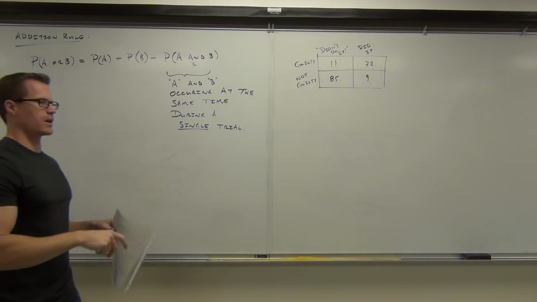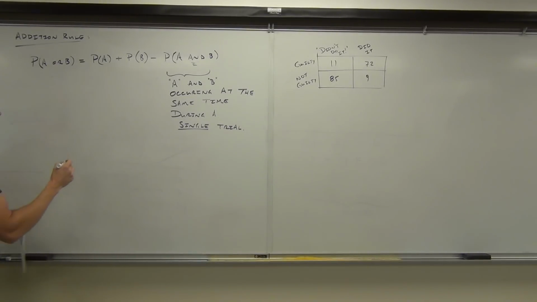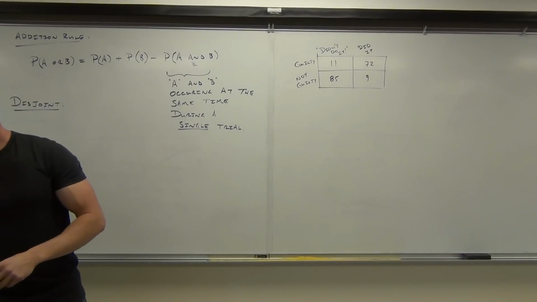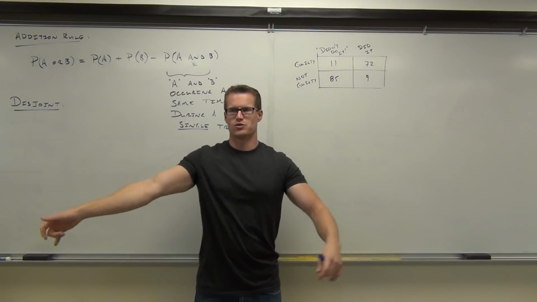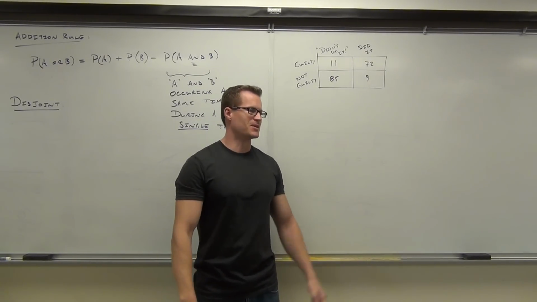Okay. I also kind of threw out a definition at you just like 20 seconds ago or so. It's this word called disjoint. In statistics, the word disjoint doesn't mean like you have no joints. You're disjointed. No joints. That's not really what it means in statistics.